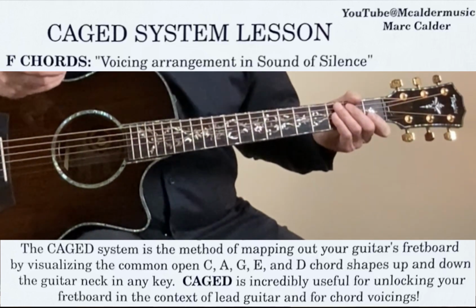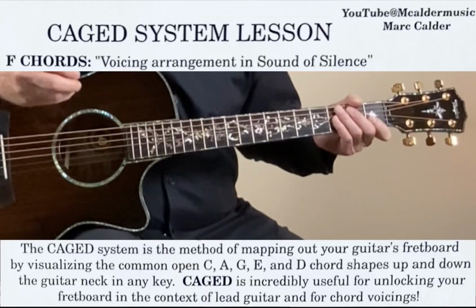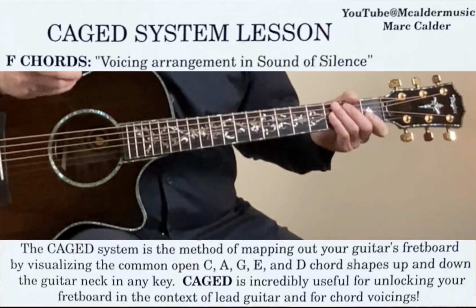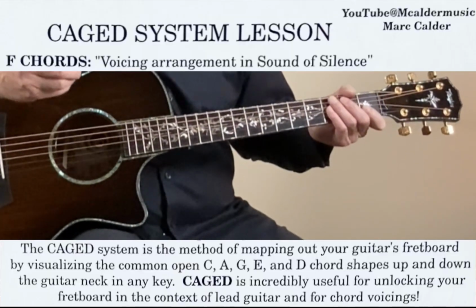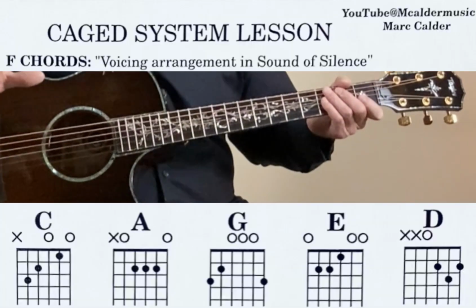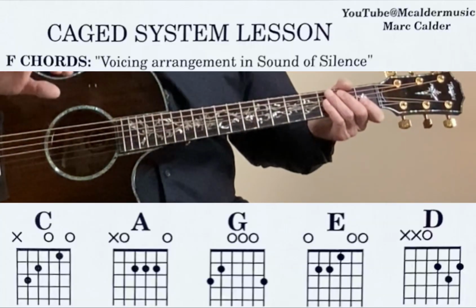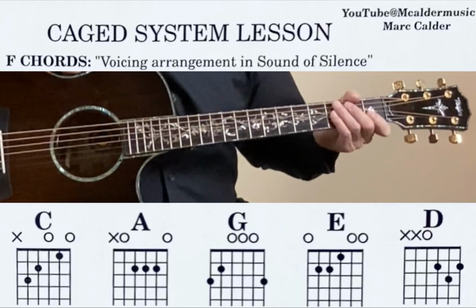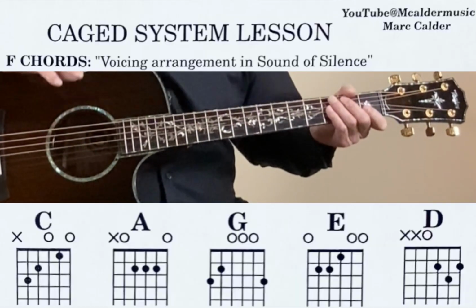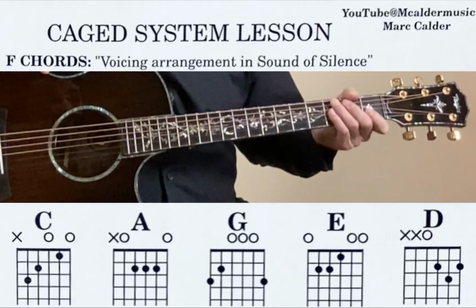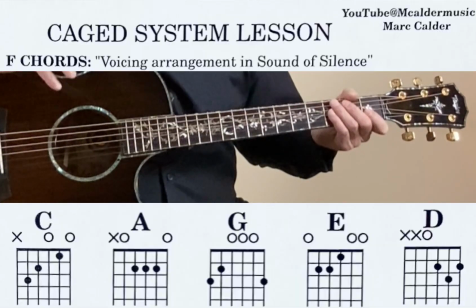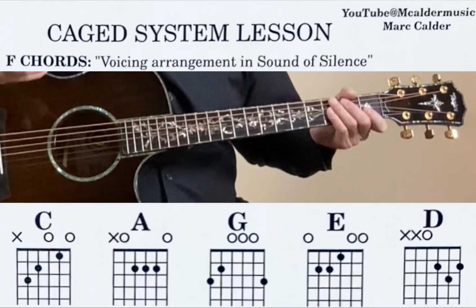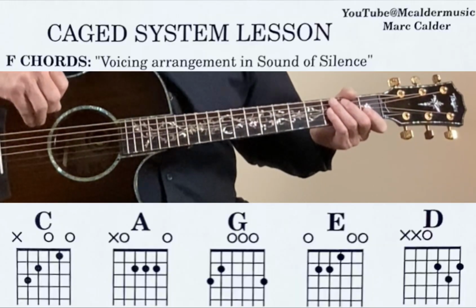It's a great opportunity and a good intro to understand this system with The Sound of Silence. So here we go. CAGE, C-A-G-E-D. And with these 5 chords, it creates different voicings and different note structures that we can work with our scales and with our chord voicings again.